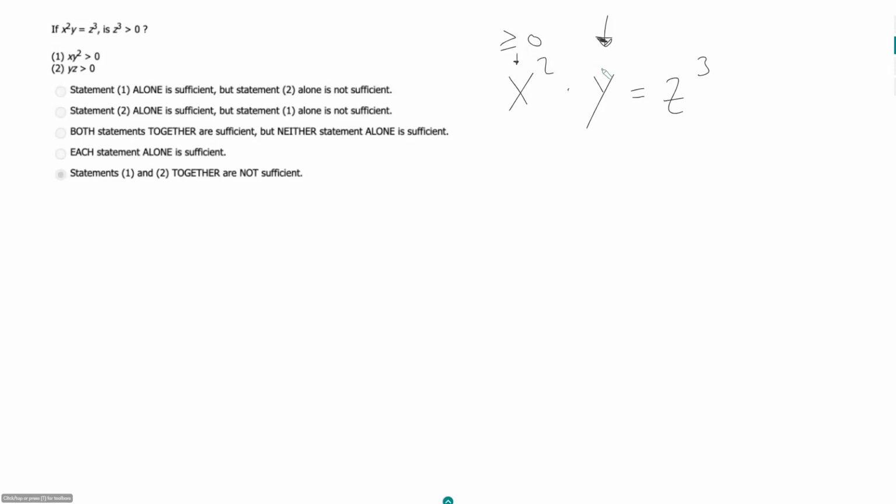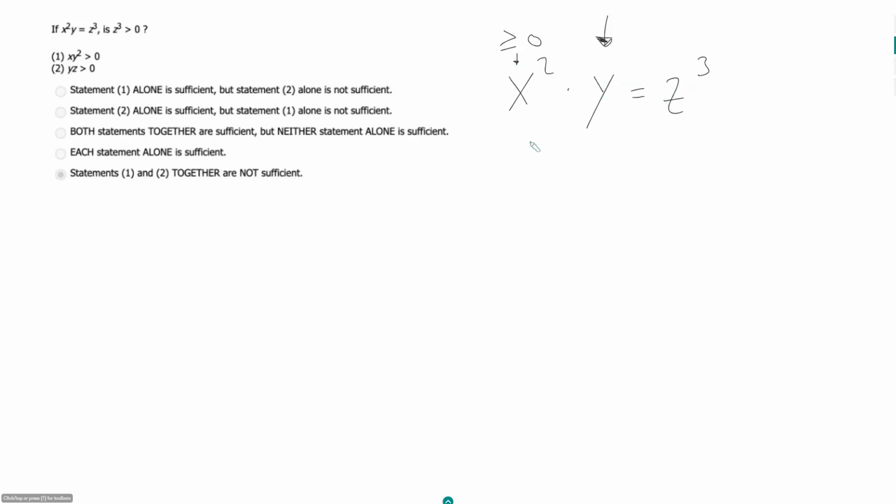If x is positive and y is positive, then z cubed will be positive. If x is positive and y is negative, then z cubed will be negative. And if y is equal to 0, then z cubed will also be equal to 0.